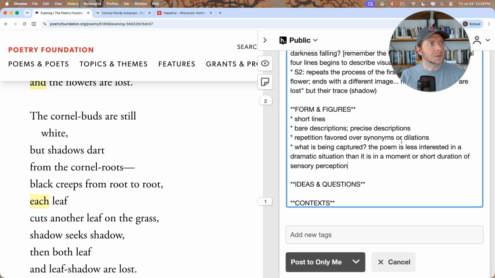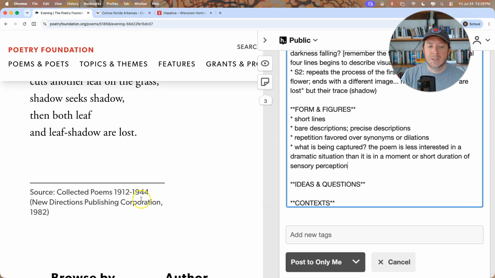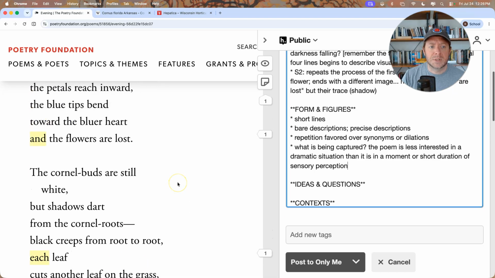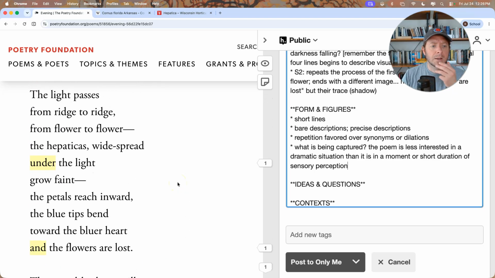Those of you who might be a little familiar with visual art of this period may know that this poem was published around 1912.